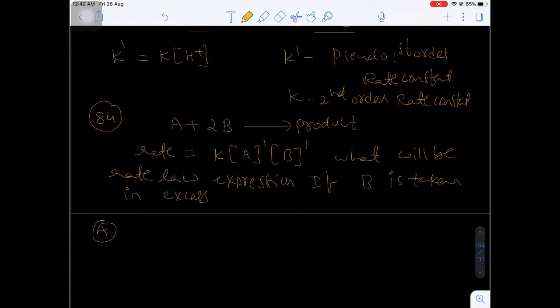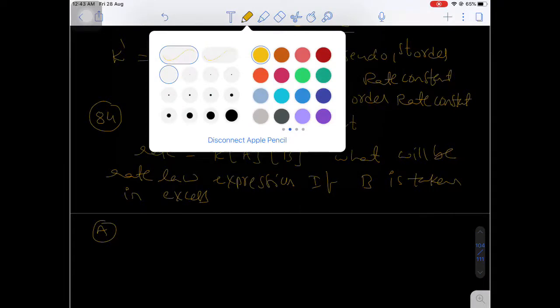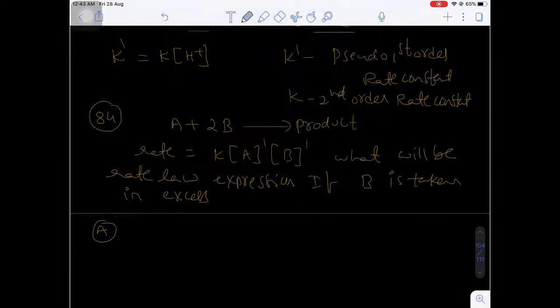Just now I told you, if any one of the reactants is taken in excess, then the rate of reaction with respect to that reactant is not considered, because if any reactant is present in large quantity, changing its concentration will have no effect on the rate of reaction. Are you getting my point? That means rate will be independent of that particular reactant which is in large quantity.